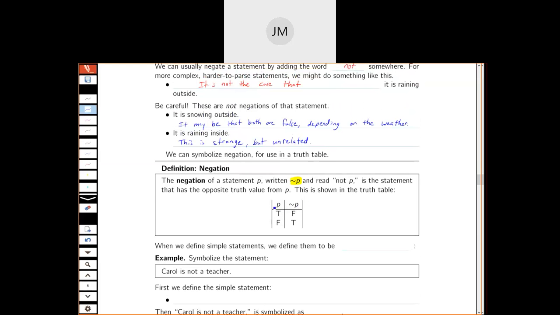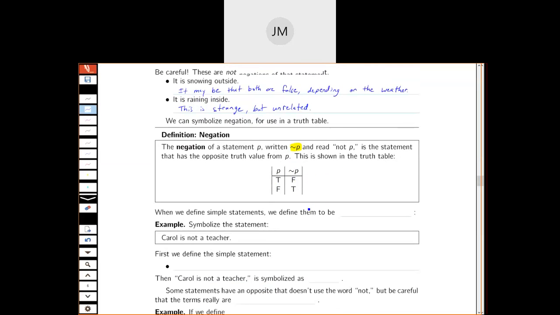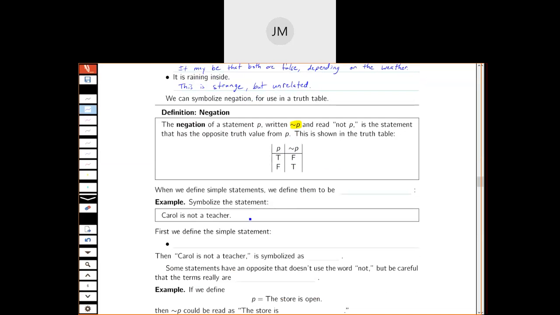I'm taking my simple statement that I had before, P, and doing something to it. So I don't have extra simple statements, so I still have the same 2 rows. When we define simple statements, typically what we want to do to keep things clear is we define them to be positive.